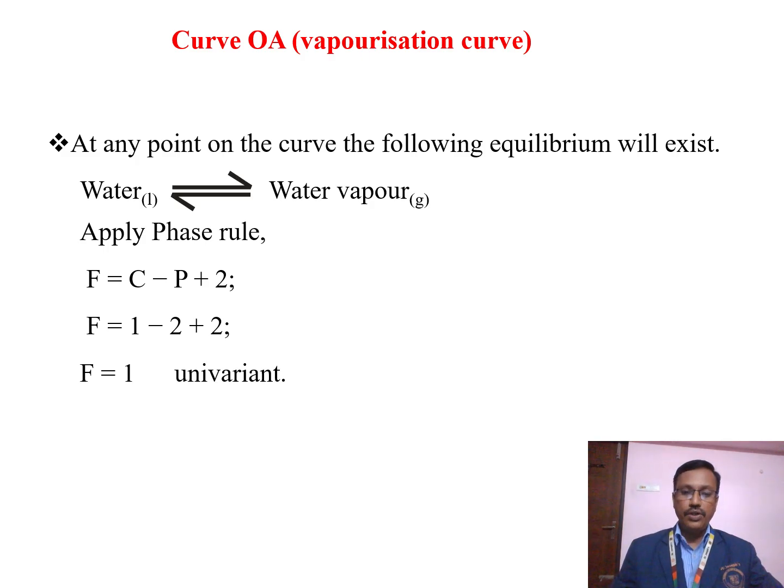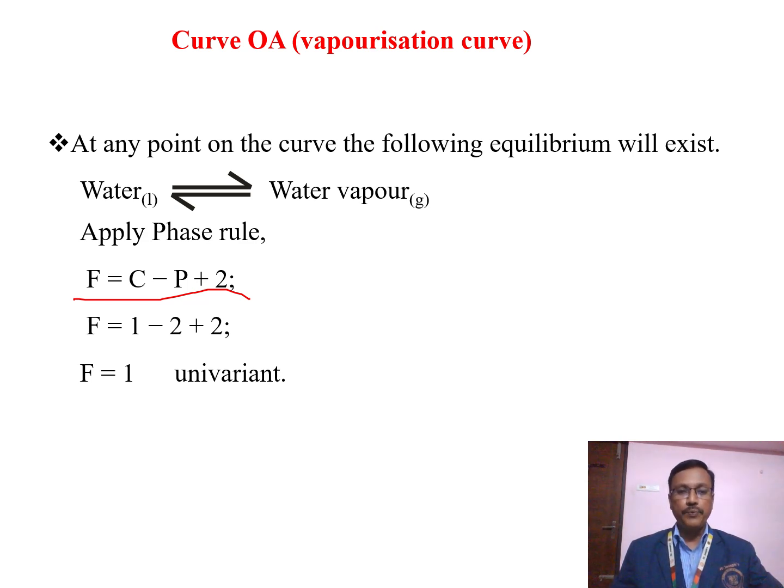What is the phase rule? We know what is phase rule. F is equal to C minus P plus 2. For all the cases, it is one component system. So always F is equal to C minus P plus 2, C is 1. How many phases? Water is in liquid phase, water vapor is in gaseous phase.